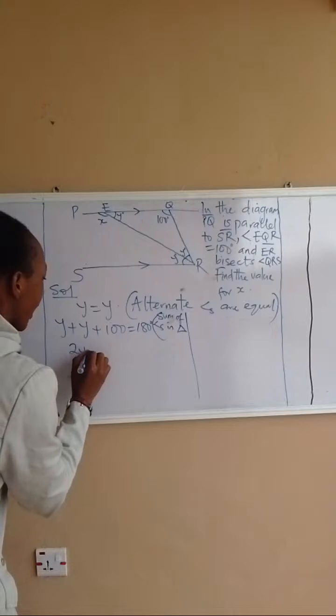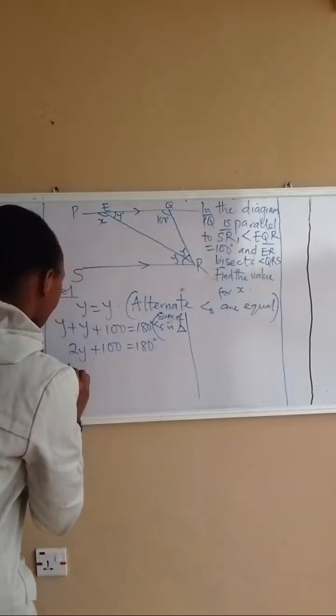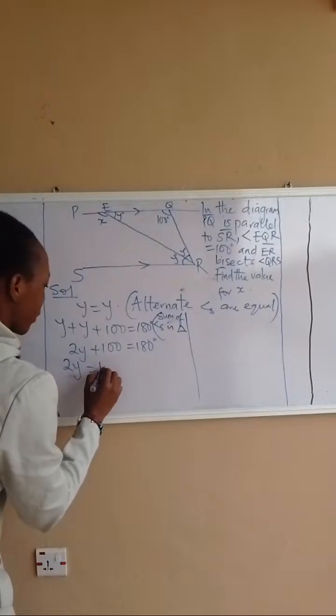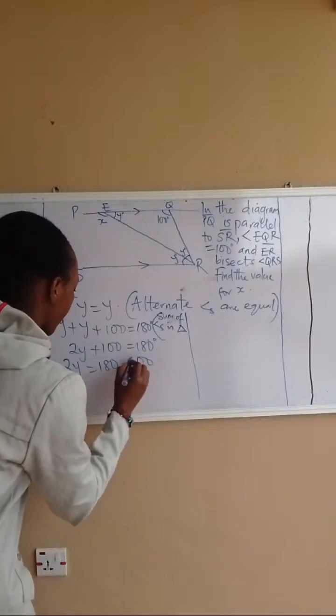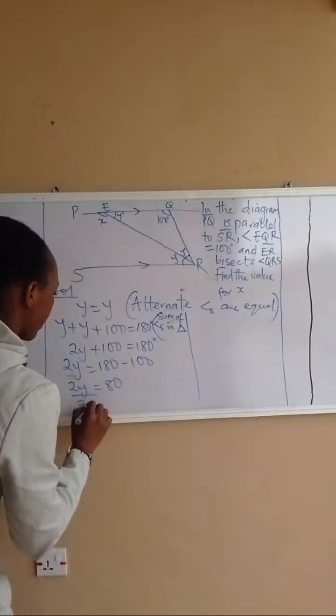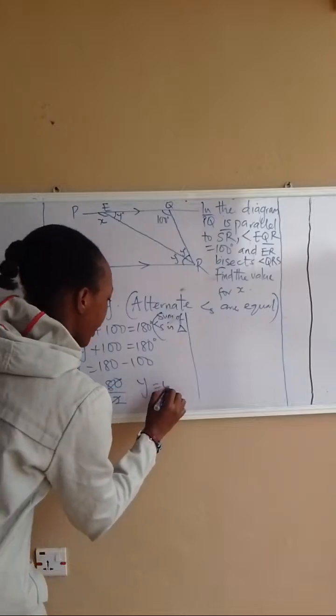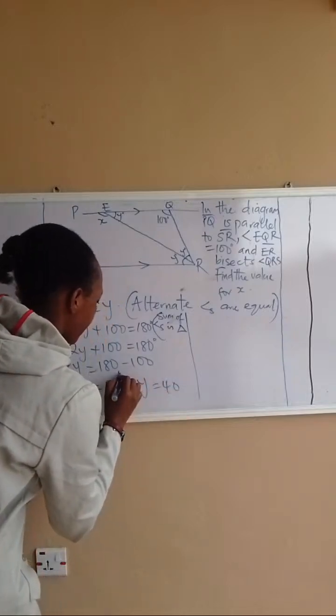This will give us 2y plus 100 equals 180 degrees. And then when we collect like terms, we have 2y equals 180 minus 100, which gives us 80. Then we divide both sides by 2. We have 40. So our y is 40 degrees.